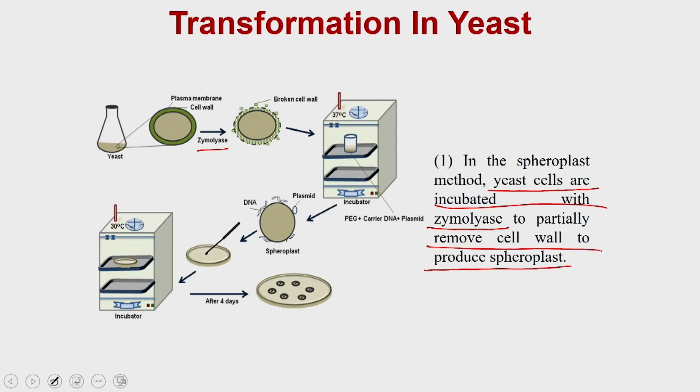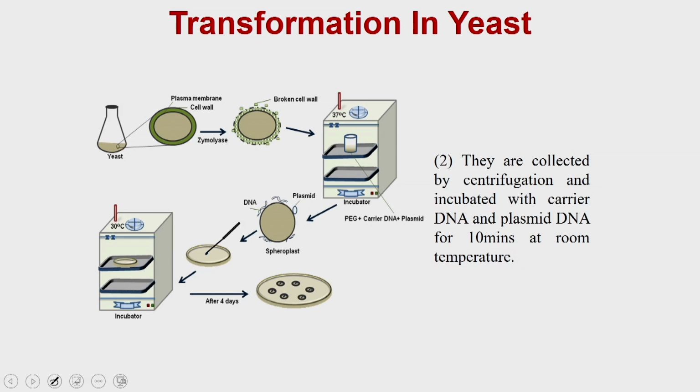Once the spheroplasts are generated, you collect them by centrifugation and incubate them with carrier DNA, so that you block the sites on the cell wall as well as on the plasma membrane, along with the plasmids, for 10 minutes at room temperature in the incubator.